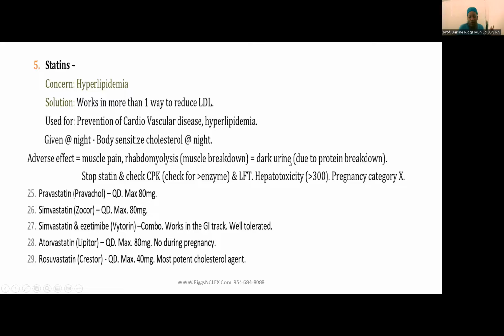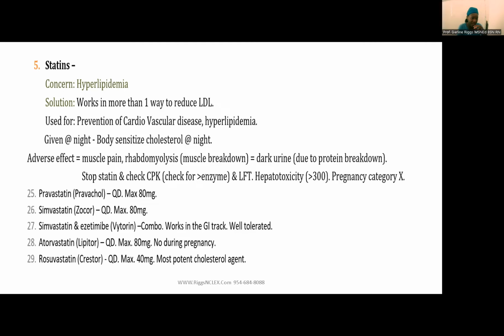So that's why we want to collect those urine analyses frequently, per protocol. So muscle pain, rhabdomyolysis, muscle breakdown is going to cause that dark urine color. Okay, that's that excess protein being broken down. Not good for the kidneys, by the way. That's going to put a lot of stress on the kidneys.